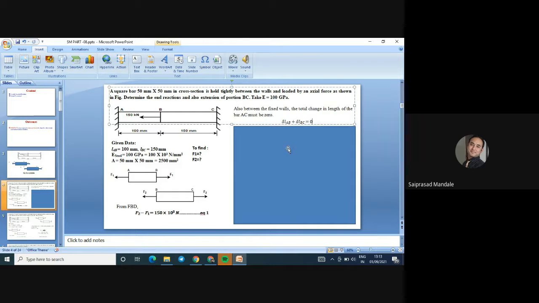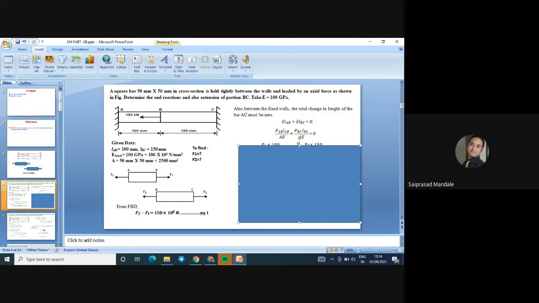How to calculate delta L of AB and delta L of BC? Tell me. PL by AE. Very good. So I'm going to write PL by AE of AB plus PL upon AE of BC.